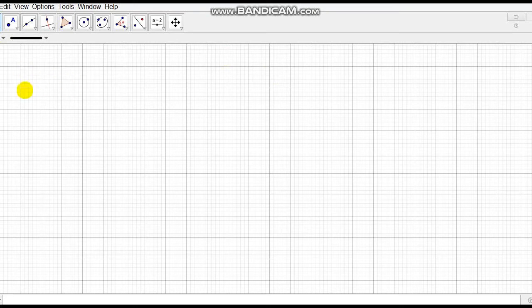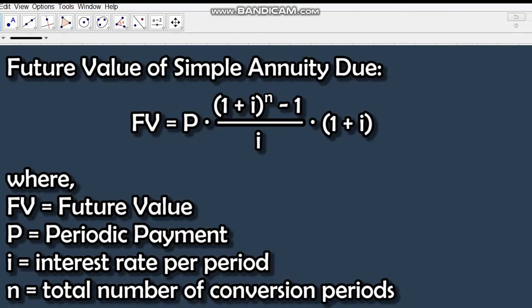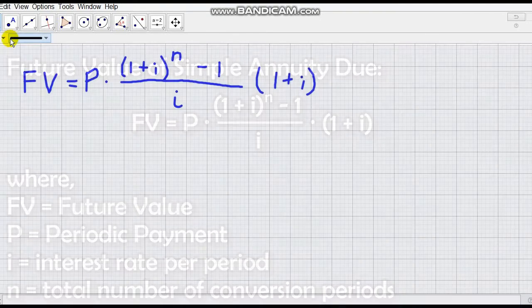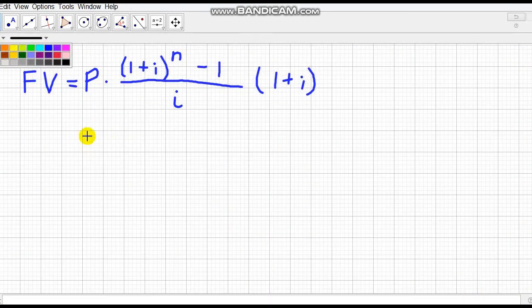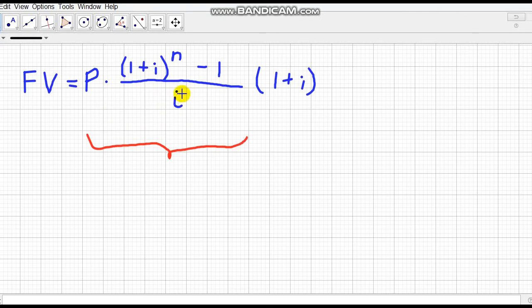The future value, FV, is equal to P, the periodic payment, times the fraction 1 plus I, the interest rate, raised to N, the total number of conversions, minus 1, divided by I, then times 1 plus I. As we can see here, this part is the formula for the ordinary annuity.